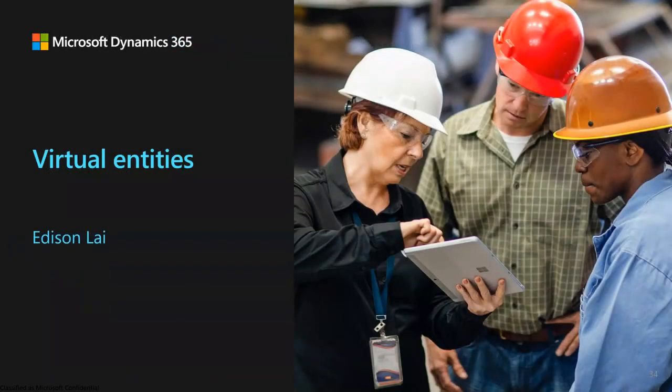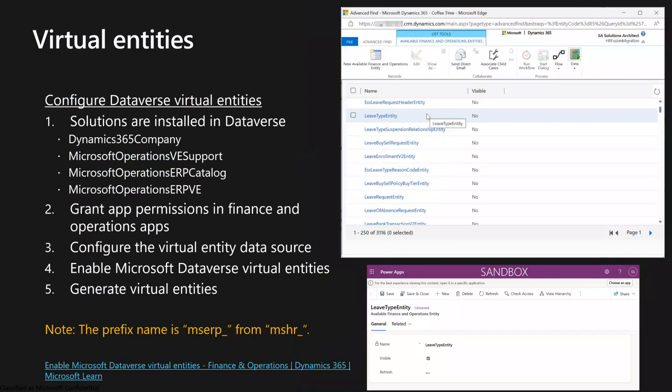Yeah, thank you, Umar, again. So let's start to see what is the change related to virtual entity. In the previous slide, we talked about the virtual table in the standalone HR, but the virtual entity will be in the merged infrastructure. In the merged infrastructure, no features are required to be enabled in the feature management to enable the virtual entity, but you still need to configure which entity should be a virtual entity and visible in the dataverse.